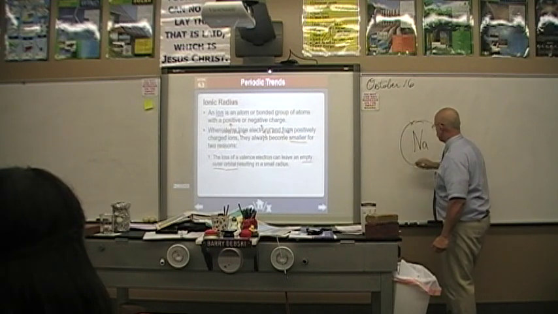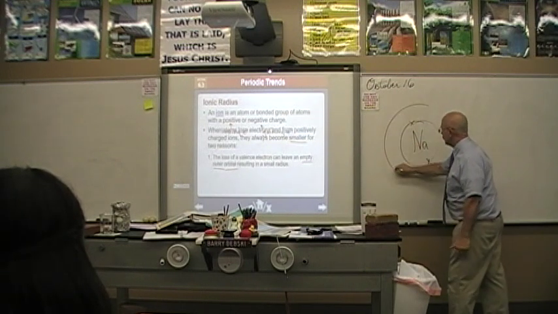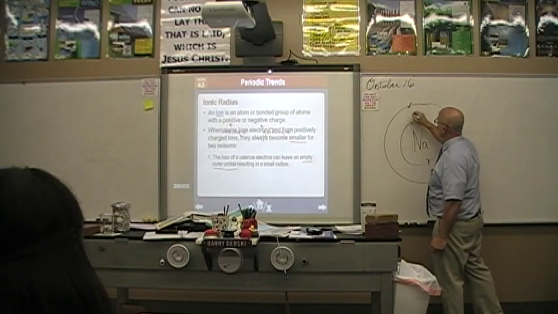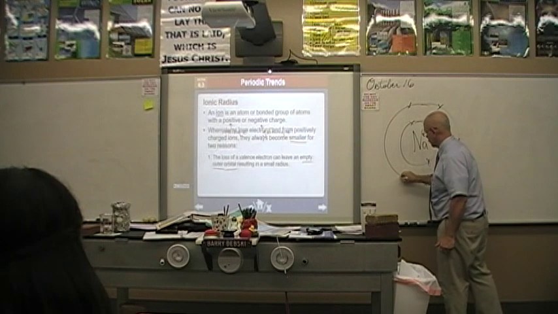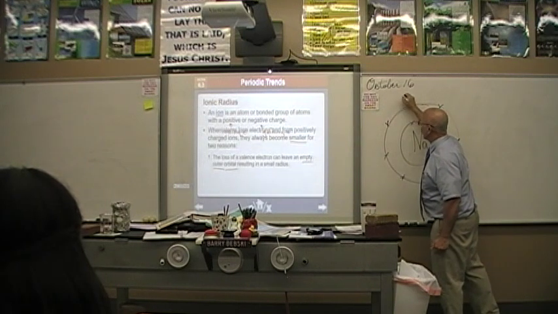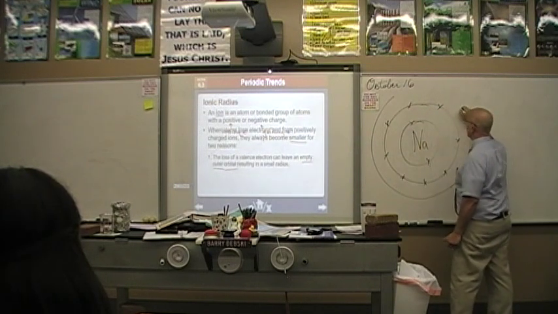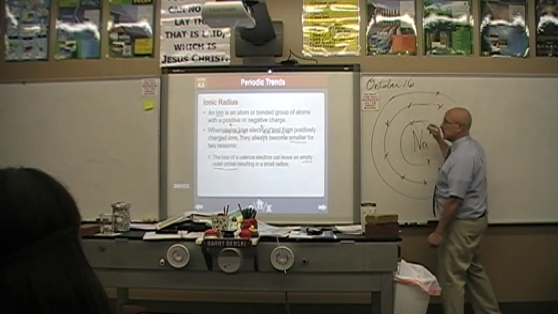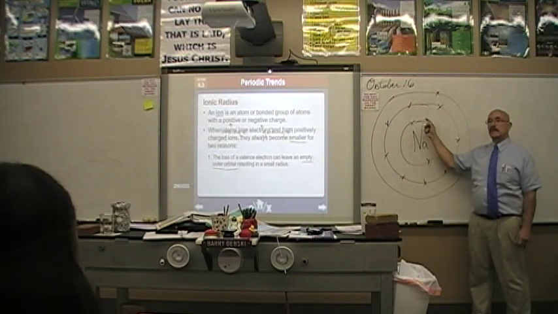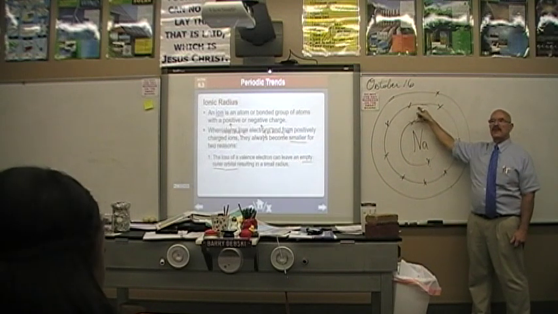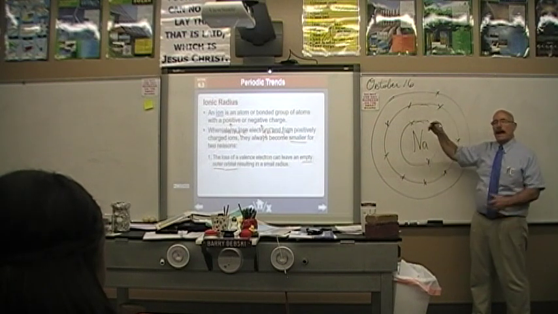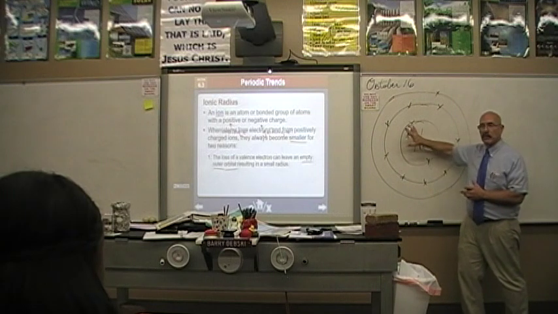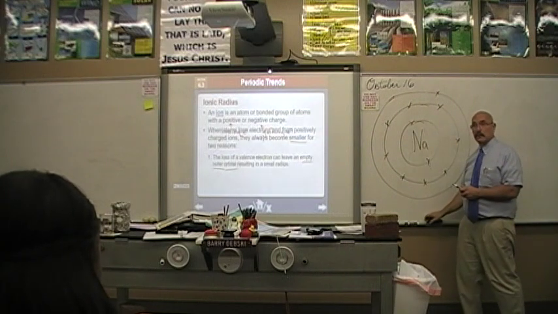2 electrons in its first energy level, 8 electrons in its second energy level, and 1 electron in its outer energy level. Okay, 1s2, 2s2, 2p6, 3s1. So what happens when sodium as an atom becomes sodium as an ion?